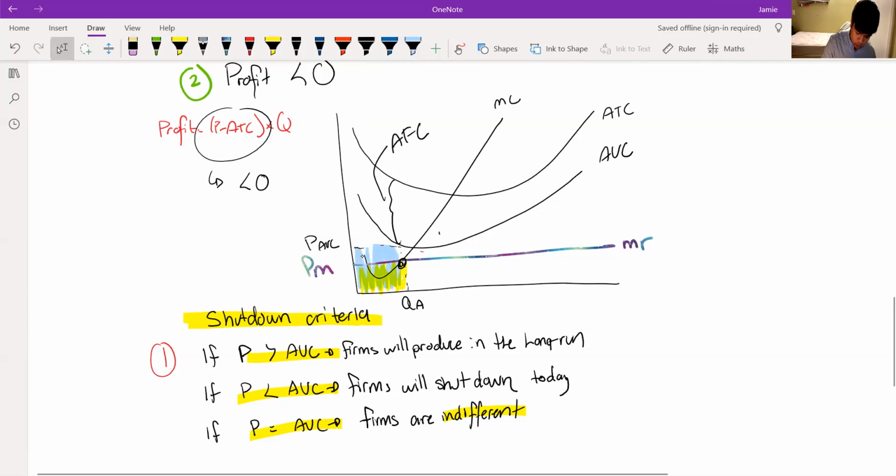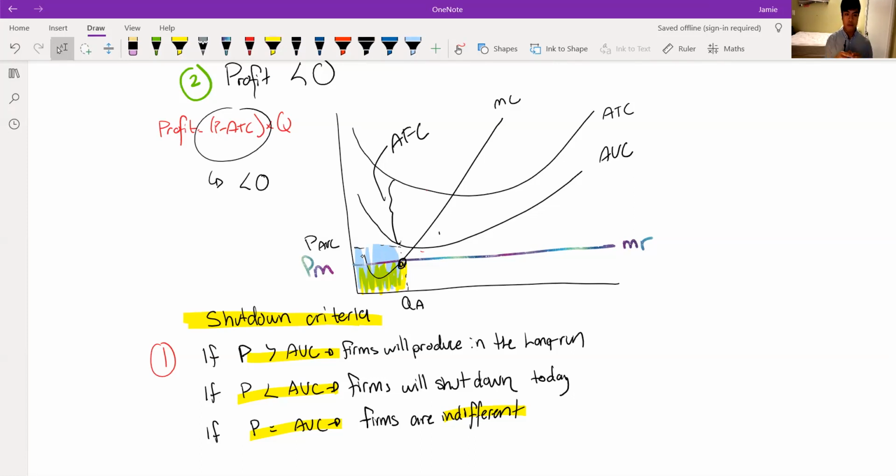So my marginal revenue, right, doesn't even cover my average variable cost or my labor cost. Now, on top of that additional cost, I have to pay my average fixed cost. So let me ask you, what's a better situation?